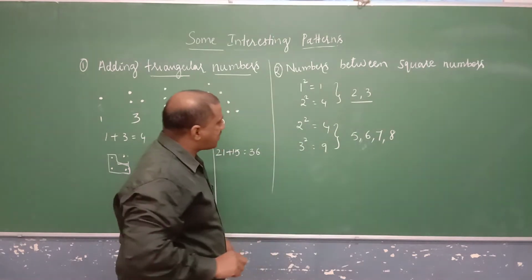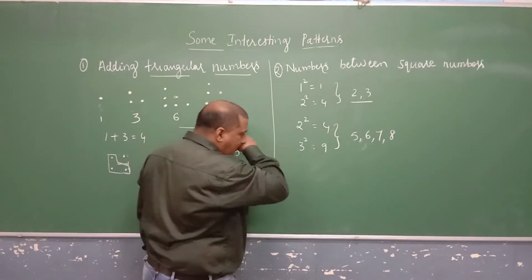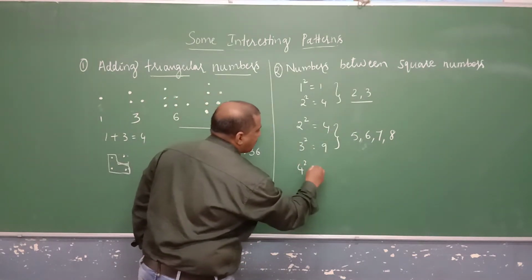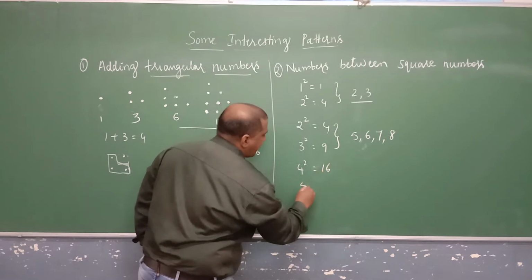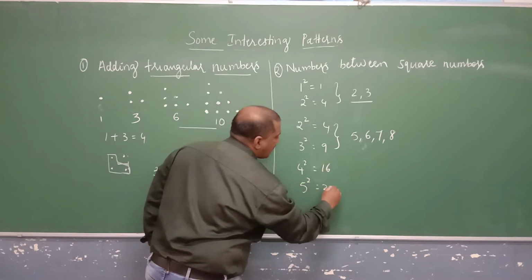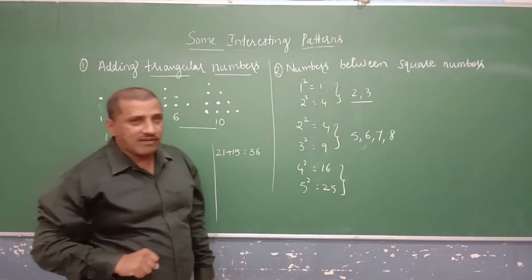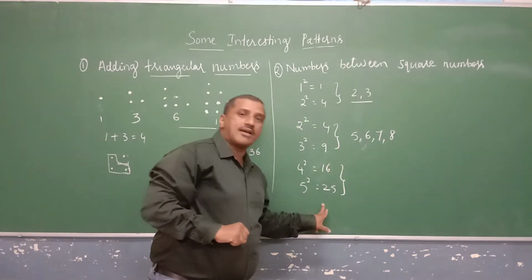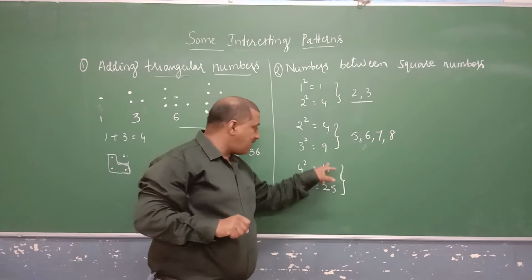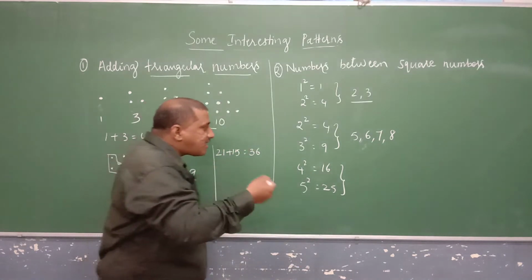We will go for one more example. Next we take 2 more. 4 square is equal to 16. 5 square is equal to 25. So between 16 and 25, both are perfect square numbers. In between these two numbers, which numbers are there?